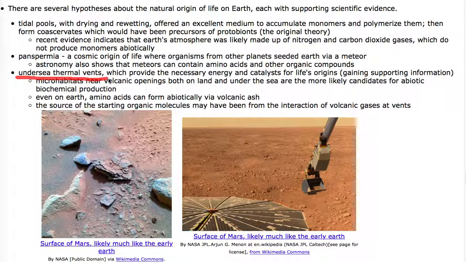They're random biochemicals, but they're biochemicals. And they could have organized themselves randomly into aggregates that then moved forward with chemical selection to the first life forms. So these three possibilities are constantly being debated, but right now undersea thermal vents are getting the most attention.